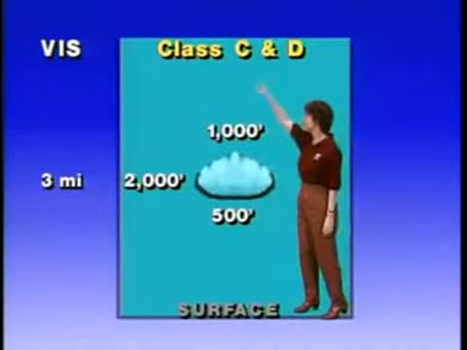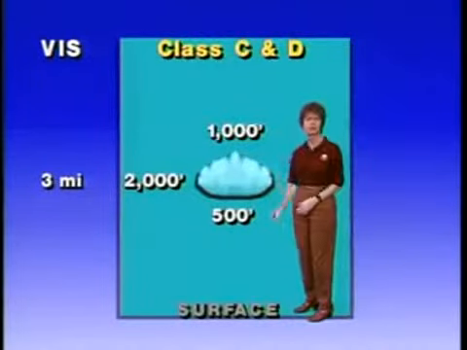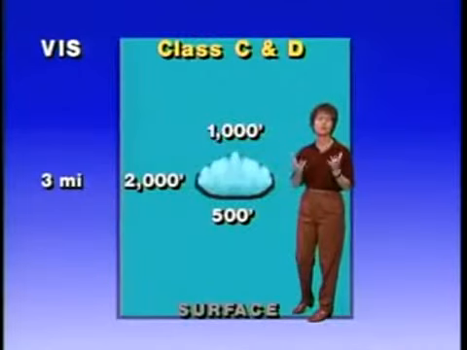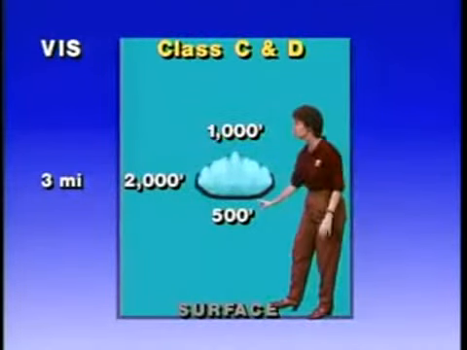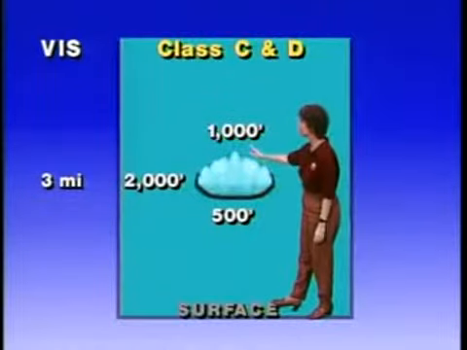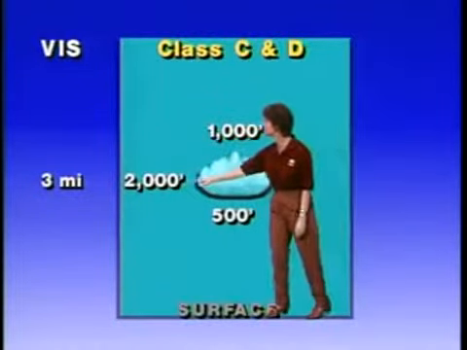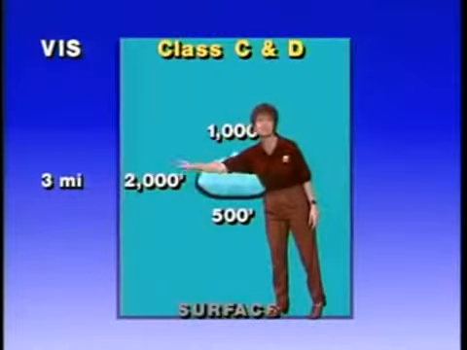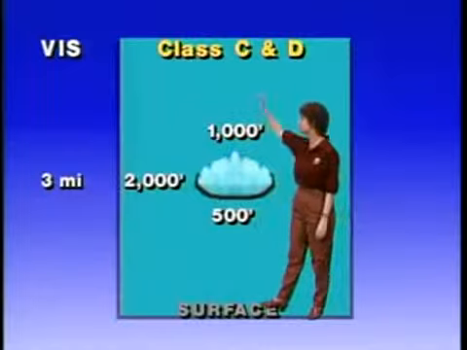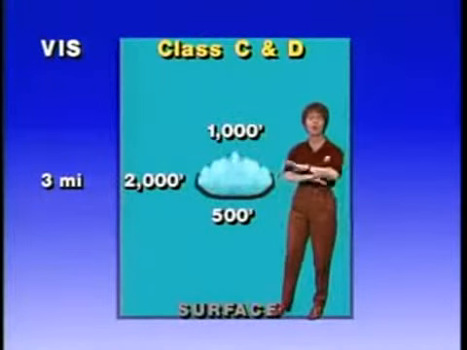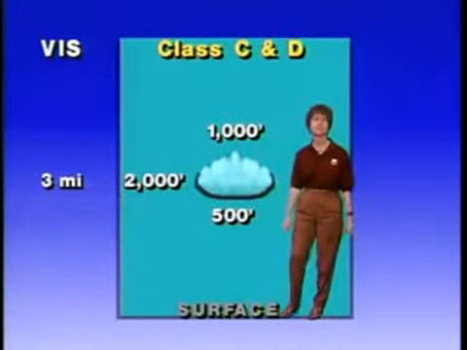If you're in Class C and Class D airspace, everyone will be communicating with the controller, and so you have the same cloud clearance requirements: 500 feet below, 1,000 feet above, and 2,000 feet horizontally, and the same visibility, 3 statute miles visibility, regardless of what your altitude is relative to the surface or relative to MSL.